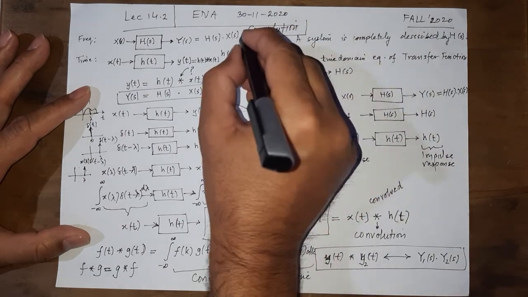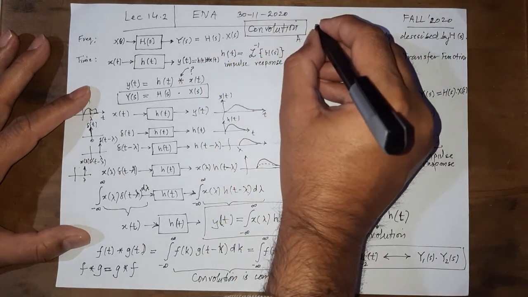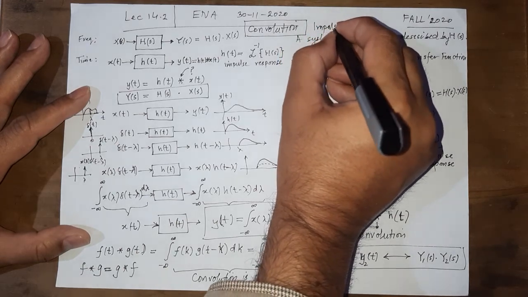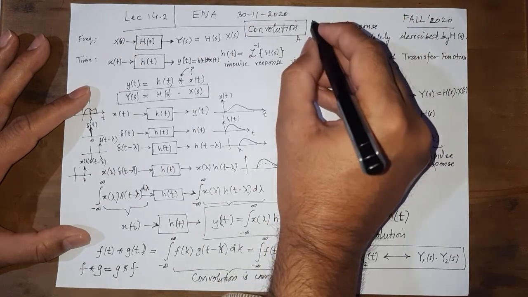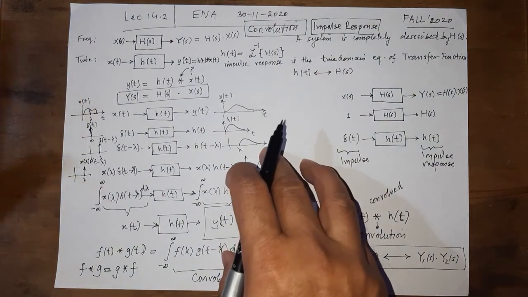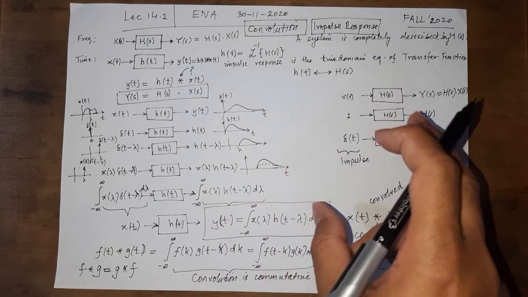About convolution. And the other important thing that we have studied is the impulse response. Two important terms we have learned today in this video: convolution and impulse response.